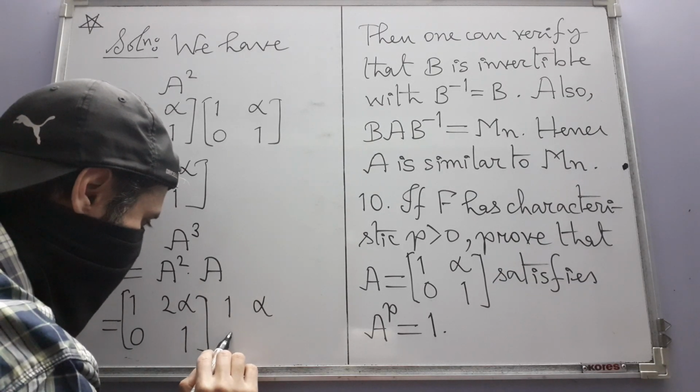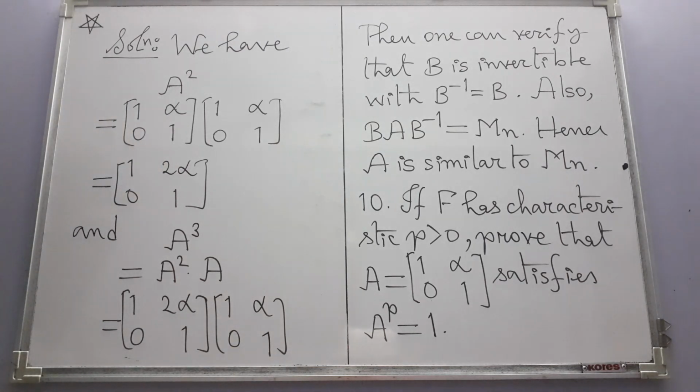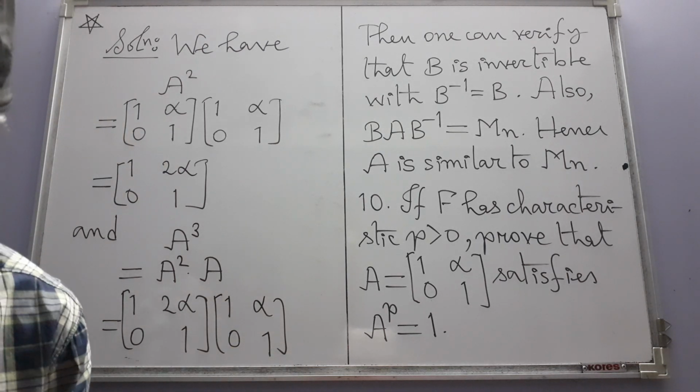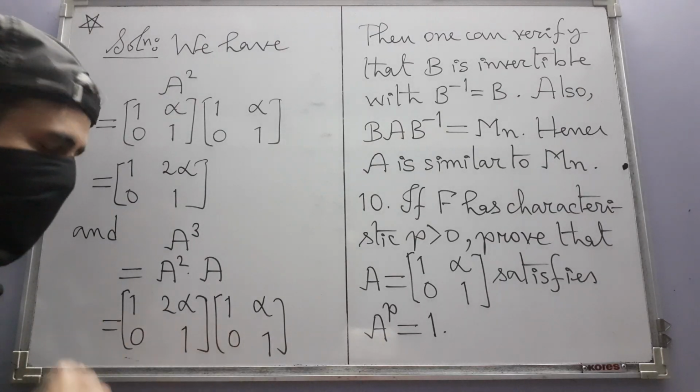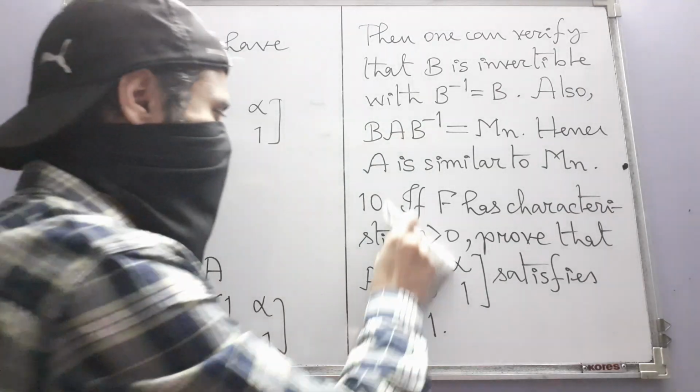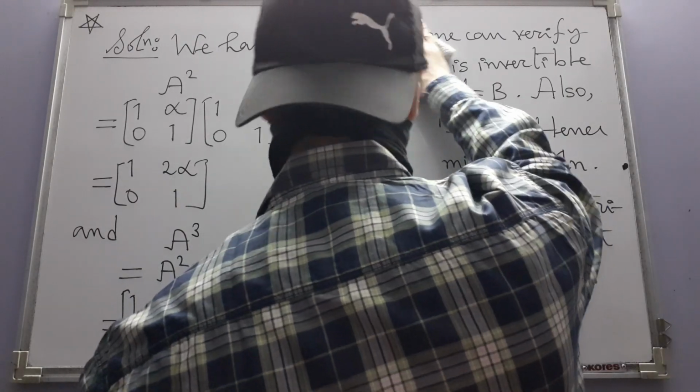And then A is 1 alpha 0 1. You can maybe guess that here also we have to add the first row, second column entries, and that's true.